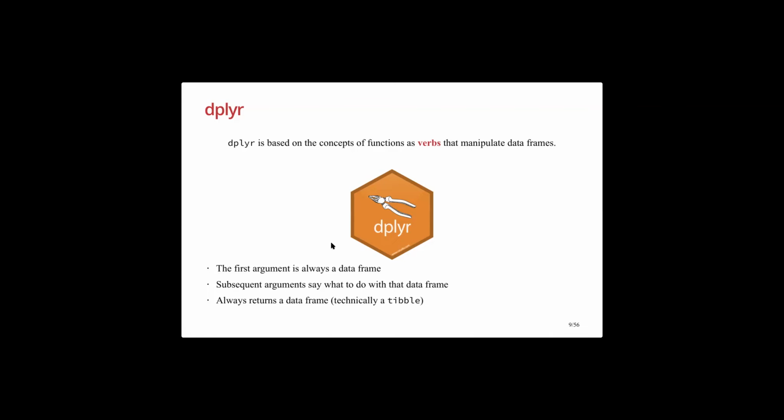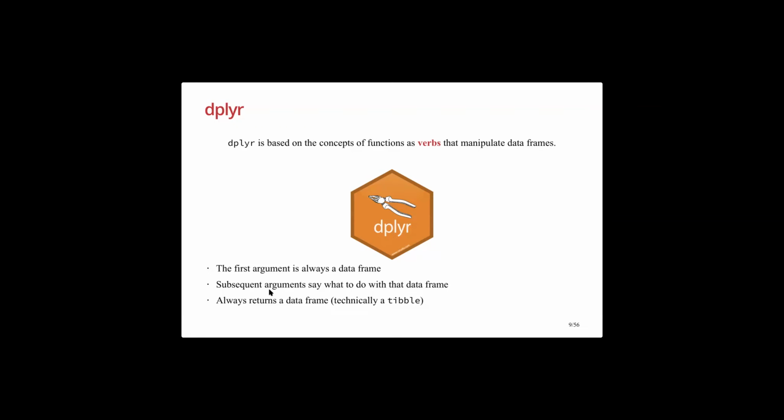But that's part of what makes it a bit more human friendly than perhaps base solutions might be. In terms of what we actually do, as we'll see, the basic structure of our little workflow with dplyr is this. The first argument into our little sequences of manipulations is always a data frame. So we always start with our data. We have our data, then there are some verbs that we use, and they tell dplyr what we want to happen to our data.